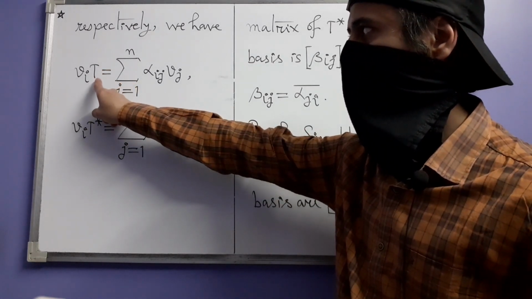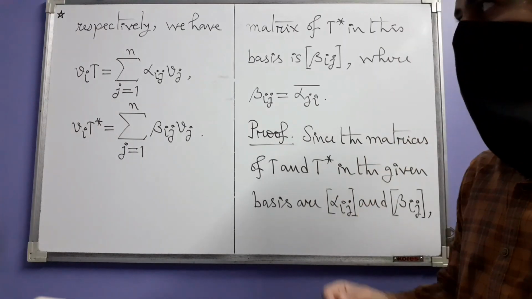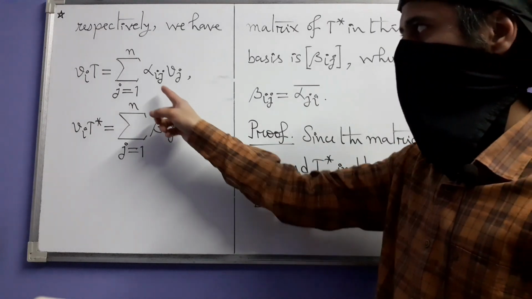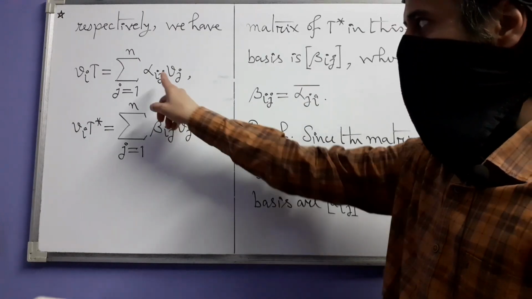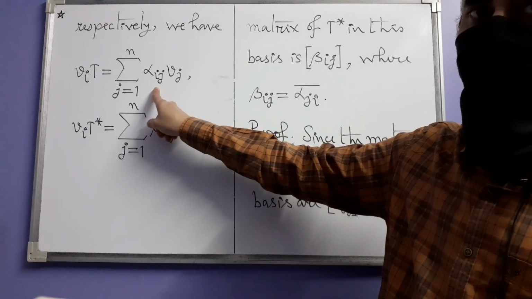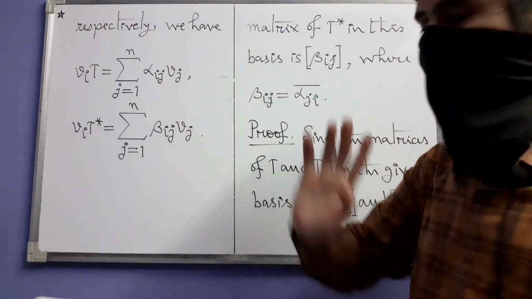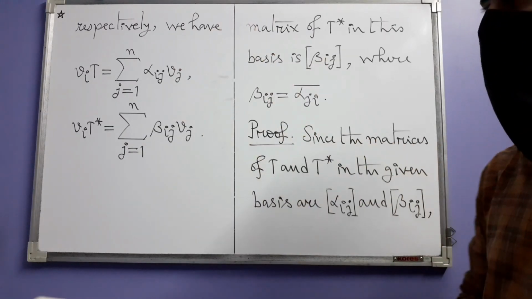That means you are applying the operator T on the basis vector v_i, then it's again a vector in our vector space, so it will be a linear combination of those same basis vectors. This specific linear combination has the coefficient of the basis vector v_j as alpha_ij, and j varies from 1 to n.